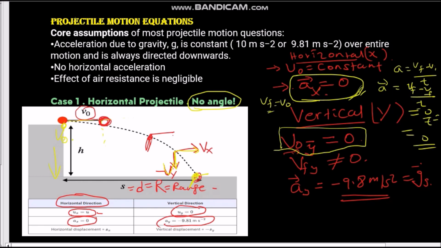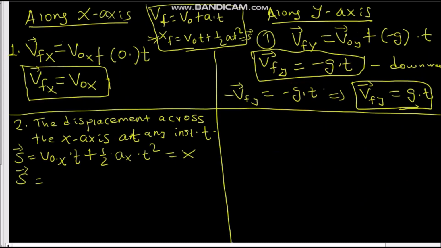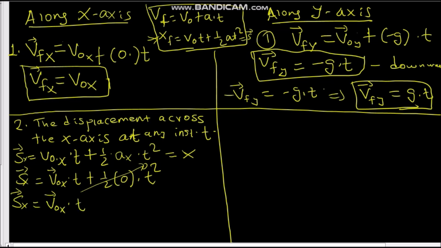That means our new equation: x equals initial velocity across the x times t plus 1 over 2 times acceleration 0 times t squared. This part is already 0. Then the displacement across the x is equal to the initial velocity across the x times time.